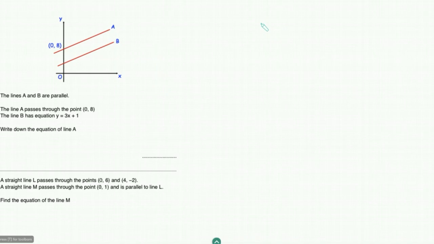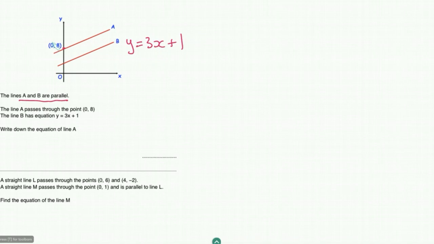Lines A and B are parallel. The line A passes through 0, 8. Yep, I can see that, passes through 0, 8. Line B has equation y equals 3x plus 1. Write down the equation of line A. Well, we know line A and B are parallel.